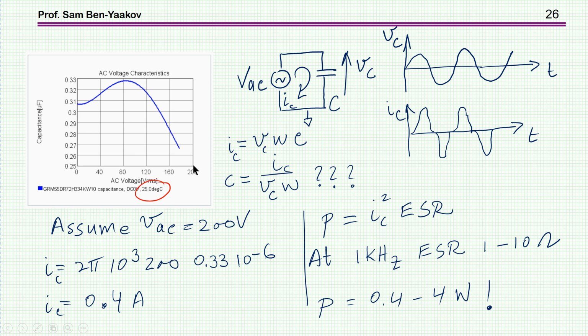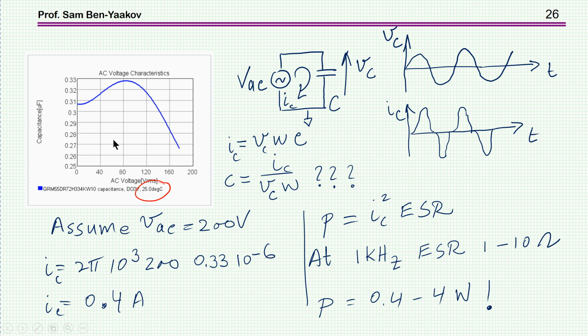So let's assume that you are driving it at 200 volts, just to get a round number. Okay, assume that VAC is 200 volts. Now the current that you will pass will be V omega C. This is measured at 1 kilohertz, by the way.